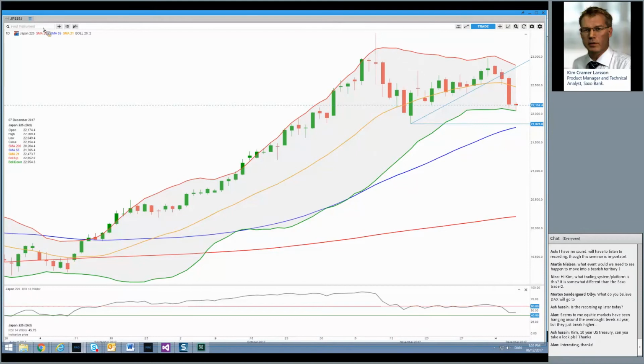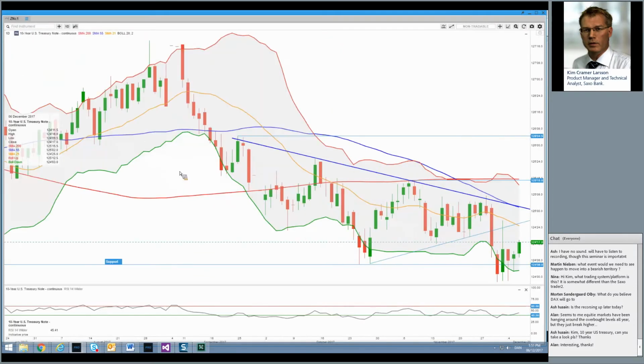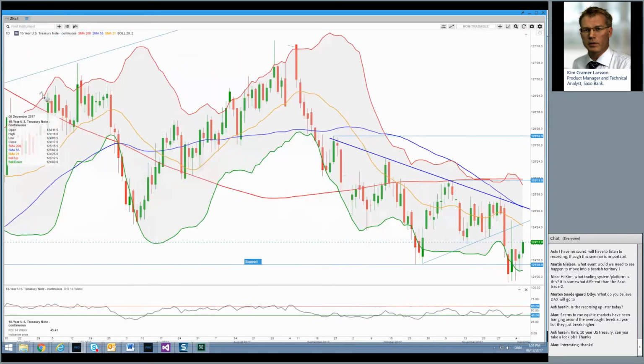Let's move on to what could maybe spell some trouble for equities markets, and that is interest rates. In this case, let's have a look at the US 10-year future.